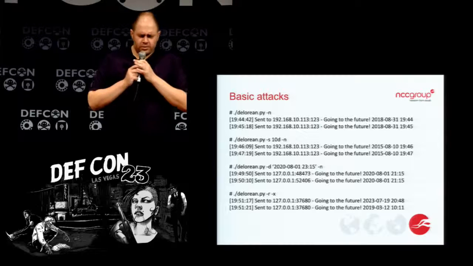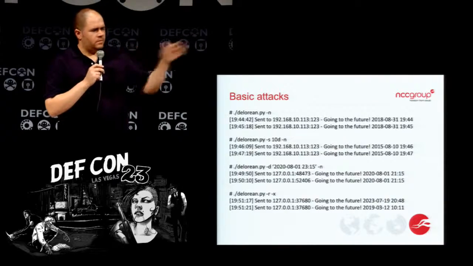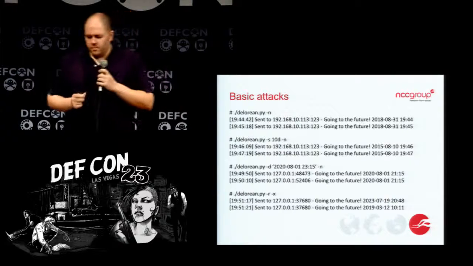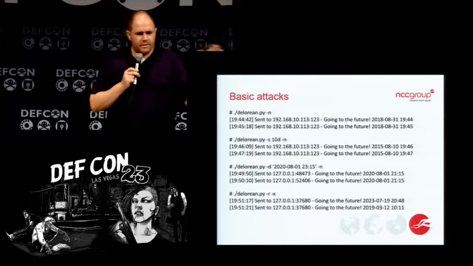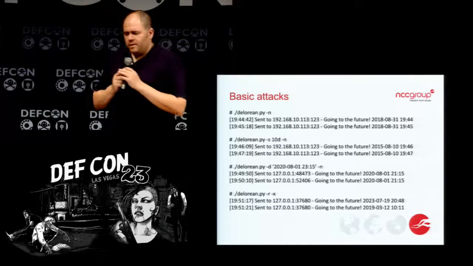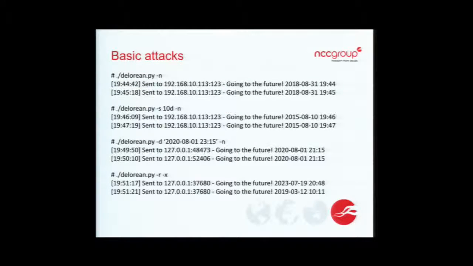Don't pay attention to the -n, it just means don't show the banner. If you use the script without any other flag, what DeLorean does is try to find a date into the future, at least 1,000 days ahead, with the same weekday and month day as today, because it's a date that could warn the user. If suddenly it's Monday and your computer says that it's Wednesday, it can warn the user.